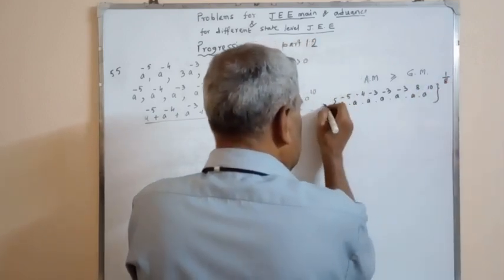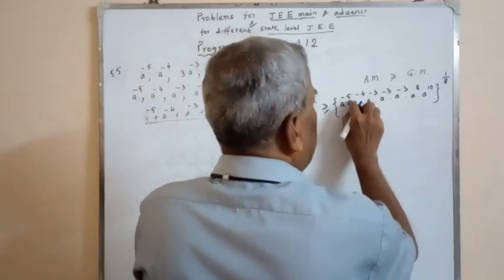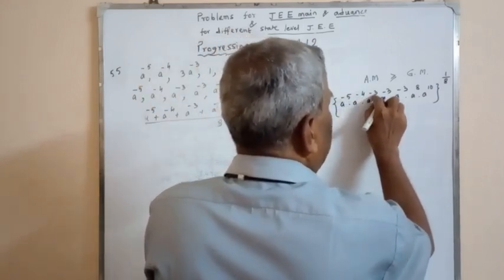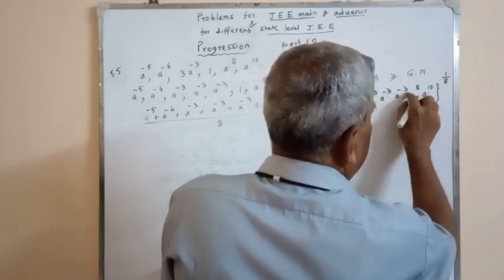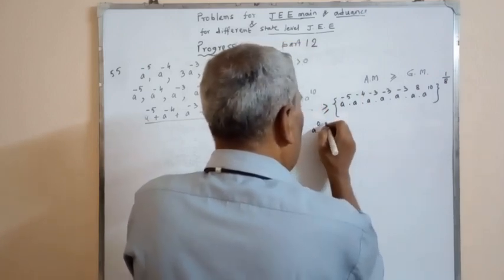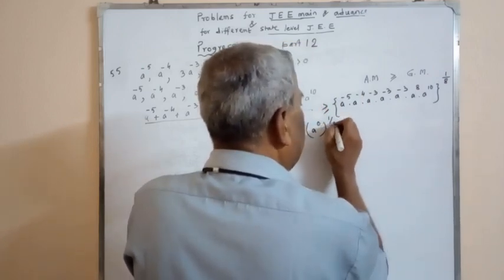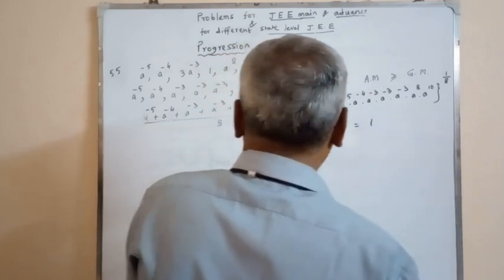Now this is greater than or equal to, the powers together, minus 5, 9, 12, 15, 18 plus 18, so a to the power 0, whole to the power 1 by 8. So this is 1 to the power 1 by 8, which is 1.